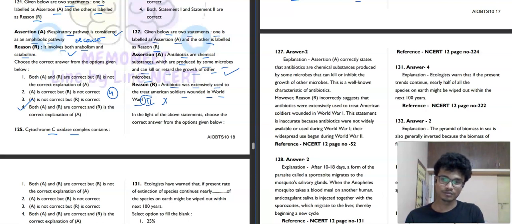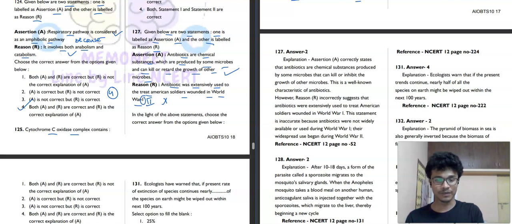और बेसिकली आप यहाँ पे ऐसे भी देख सकते हैं, अगर आपको याद भी नहीं है कि वर्ल्ड वॉर फर्स्ट था या वर्ल्ड वॉर सेकंड था, तब भी आप इसको करेक्ट कर सकते थे, क्योंकि यहाँ पे रीजन कुछ अलग ही बता रहा है. एंटीबायोटिक का यूज कब हुआ था, लेकिन एसर्शन में एंटीबायोटिक की प्रॉपर्टीज दी हुई हैं. अगर रीजन में एंटीबायोटिक के फंक्शन या उससे रिलेटेड कुछ होता तो हम देख सकते थे, लेकिन यहाँ कुछ अलग ही दिया हुआ है.